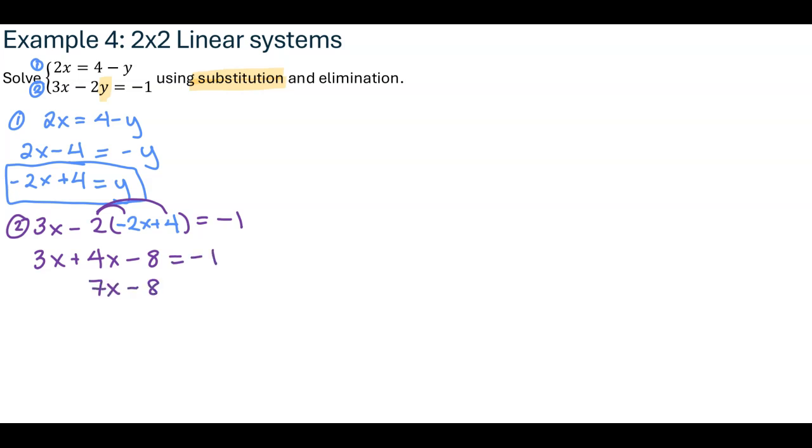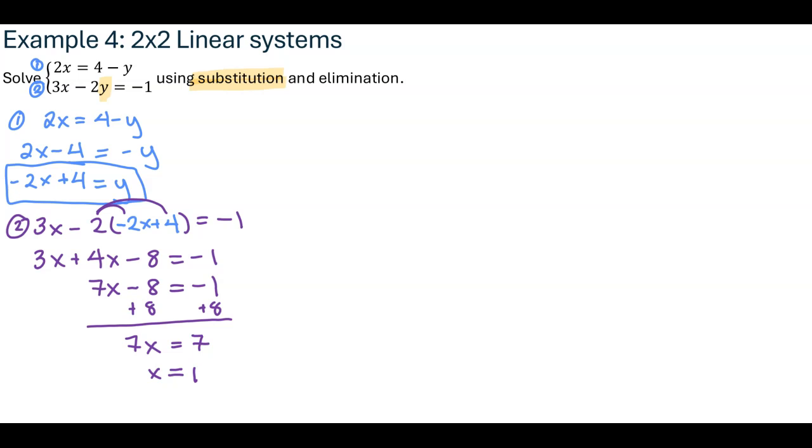So 7x minus 8 equals -1. I can add 8 to both sides, which means that 7x equals 7, or x equals 1, dividing both sides by 7. Okay, so that's very nice.